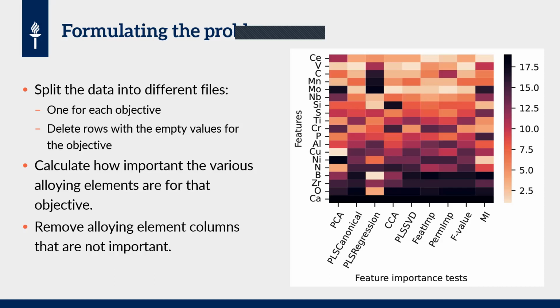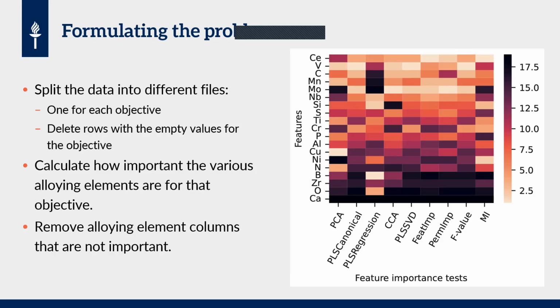So I did a bunch of tests to find out which of these alloying elements are important to some of these objectives. For example, let's imagine that all of these tests have been done for the yield strength of the material.